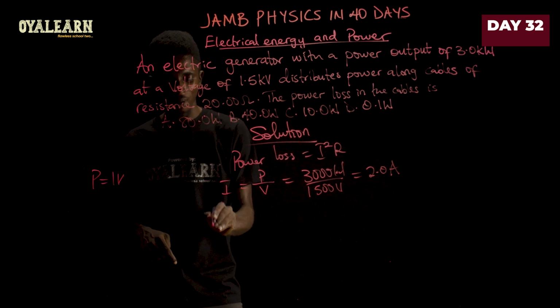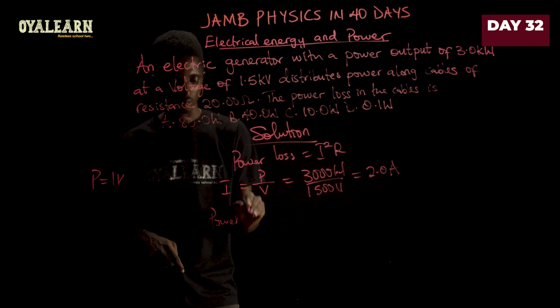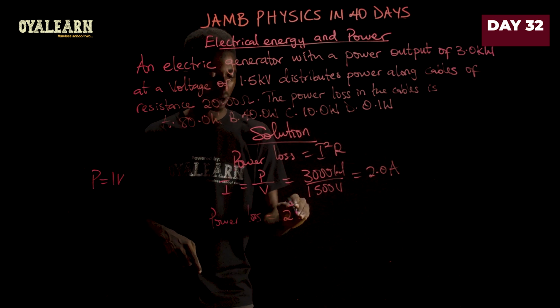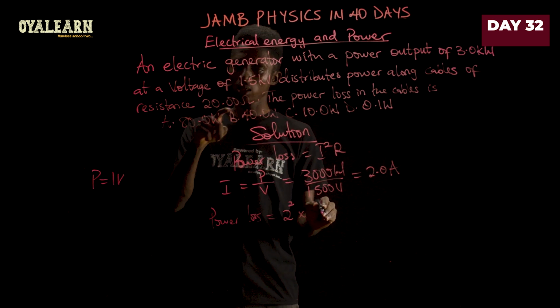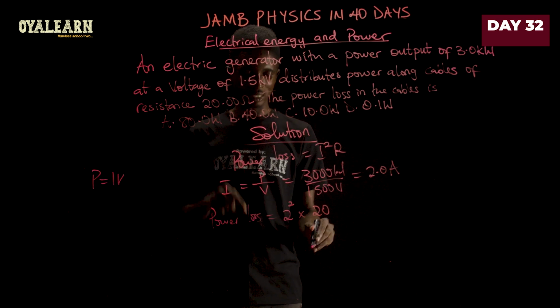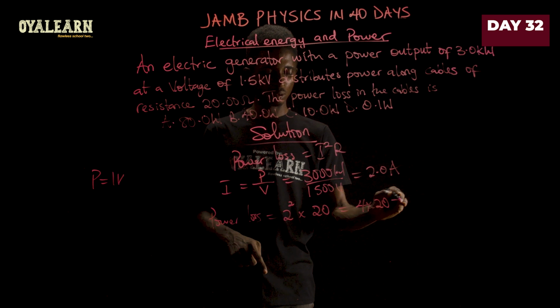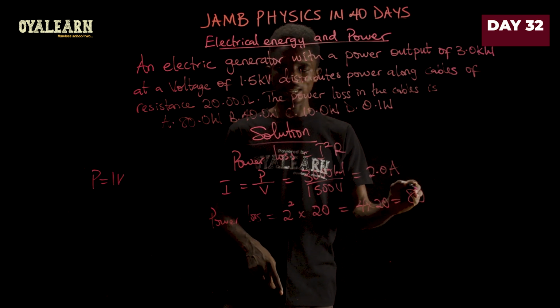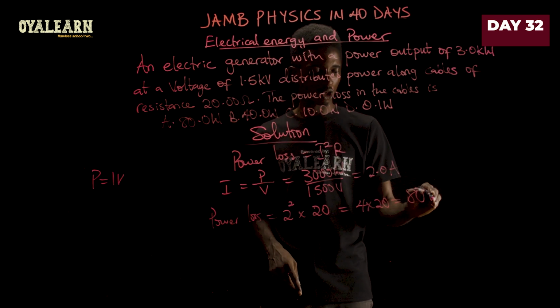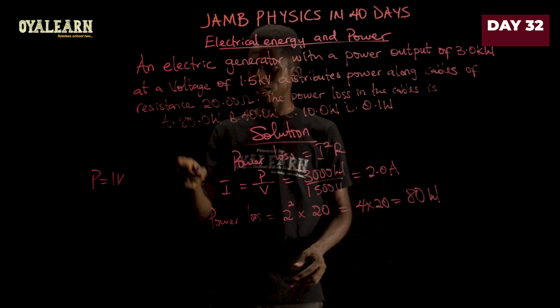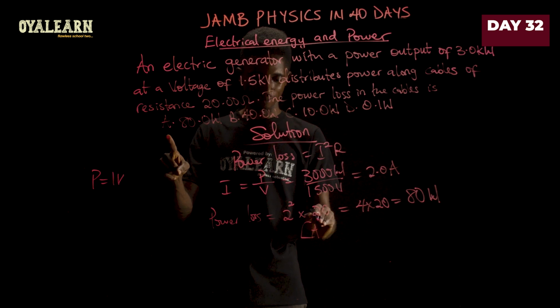Now we can find power loss. Power loss equals 2 squared times resistance 20, and this would be 4 times 20, which is 80, and it is measured in watts. So the power loss is 80 watts, and that is option A.